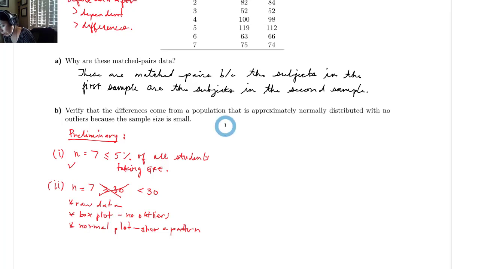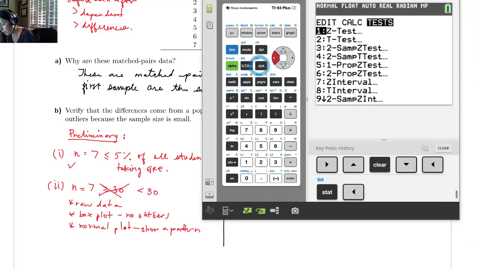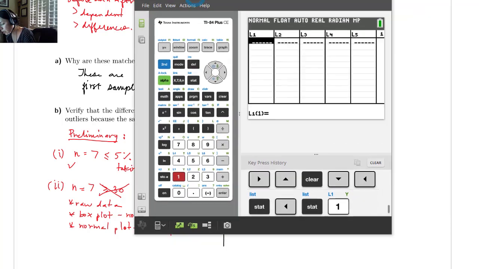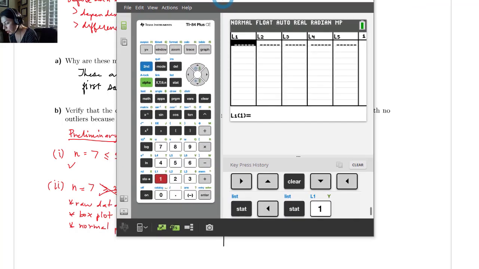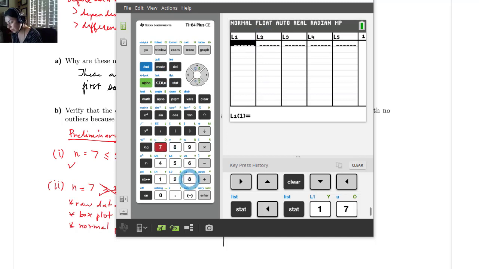Let's put these two columns in list 1 and list 2, and then do a list 3 for differences. So I would go to the calculator, go to stat, go to edit, and put before in list 1 and after in list 2. So let's put their pulse rates in.